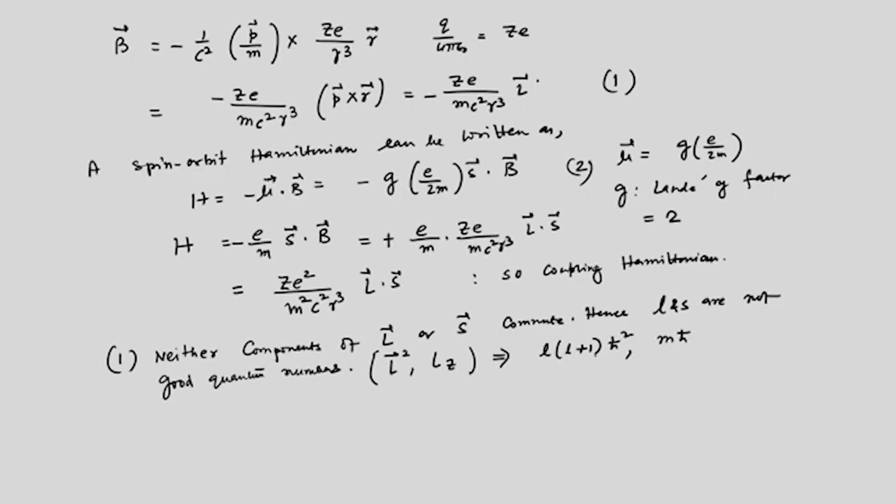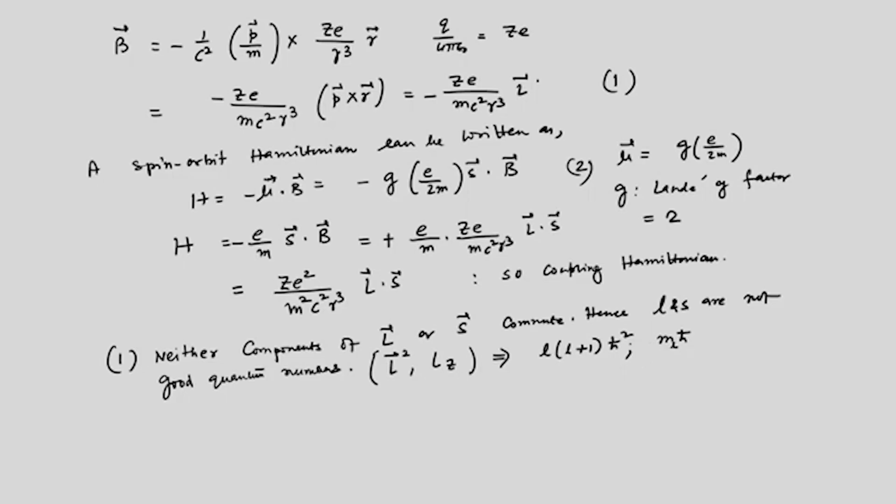So, l into l plus 1 h cross square and m h cross, where l was considered to be a good quantum number, that is the orbital angular momentum quantum number, and m is, let us write it as ml, corresponding to the orbital angular momentum. So, this is the magnetic quantum number ml corresponding to l, and so on.